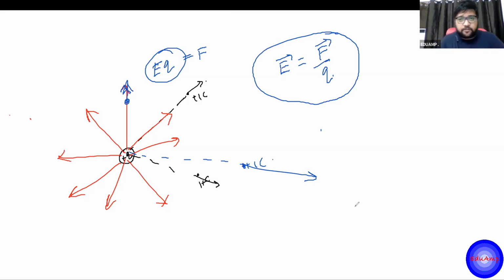Now there can be more charges. Let's say there are two charges: charge number one, Q1, and another charge, Q2. Suppose you are asked about a point in between the two charges, and let's say both are positive charges. Let's say this distance is R1 and this is R2.